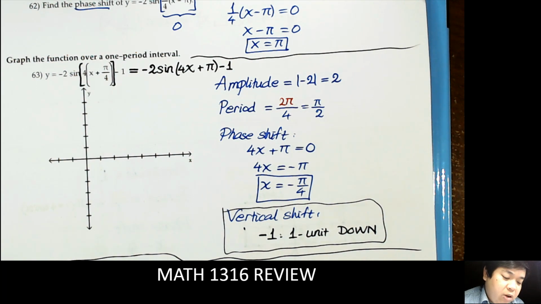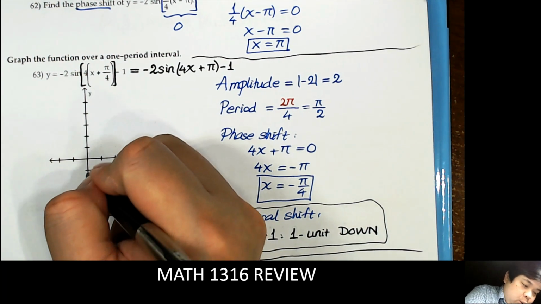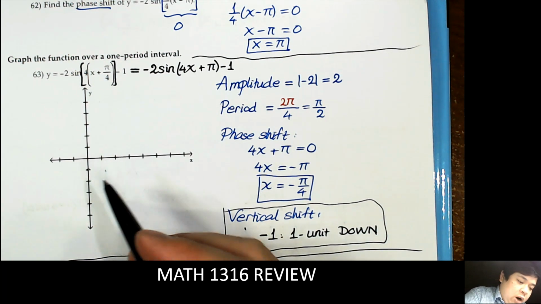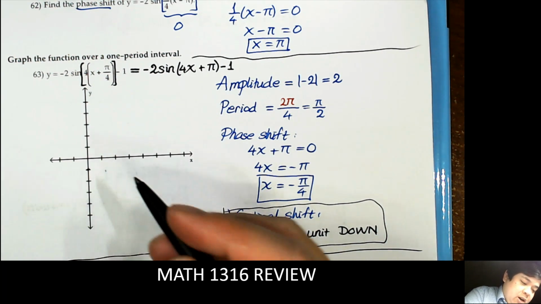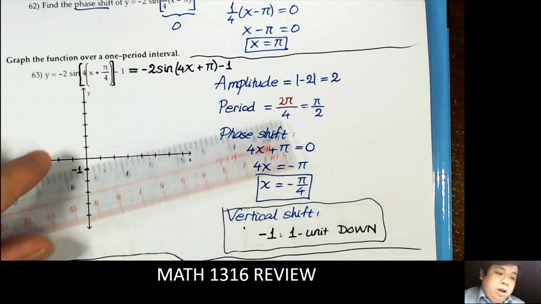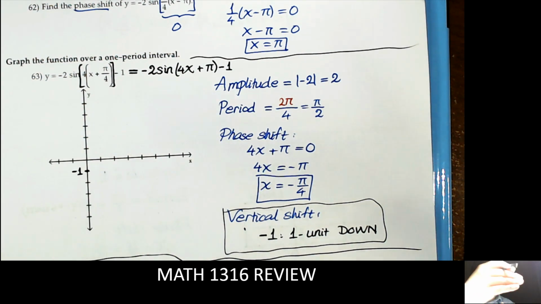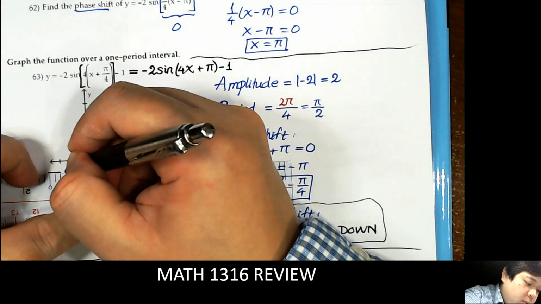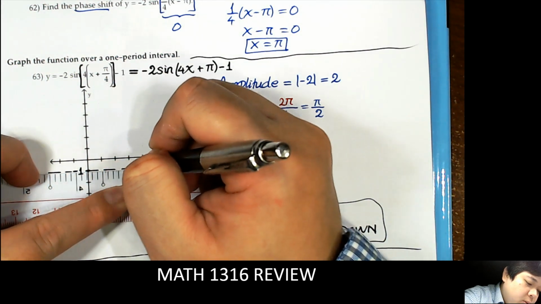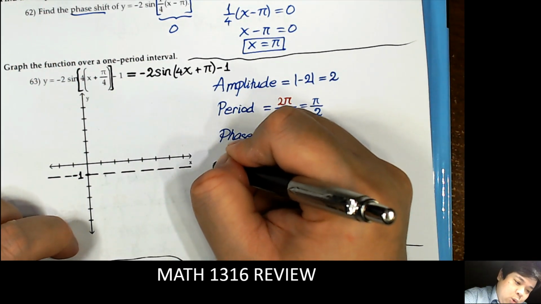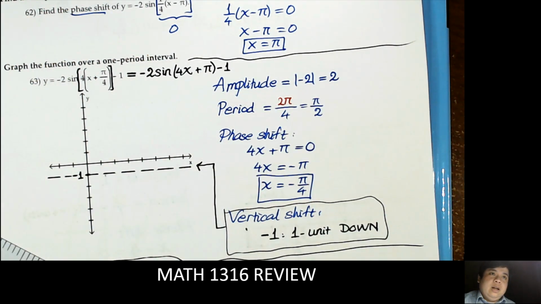We can choose any number we want, but we can choose 1 unit to be 1 tick, or if we choose 1 here, that's perfectly fine. But I'm just going to say -1 here, because after all, we need the amplitude of 2, meaning go up 2 and down 2. So that is the vertical shift, where the middle line is.